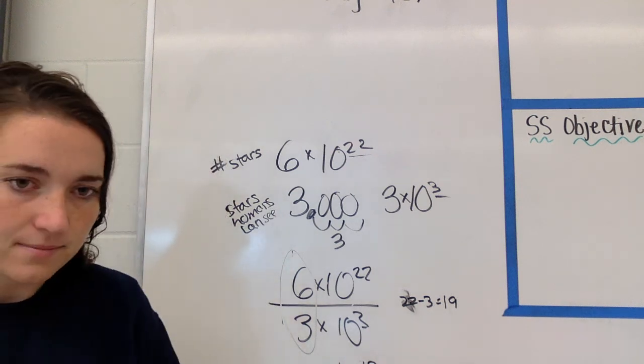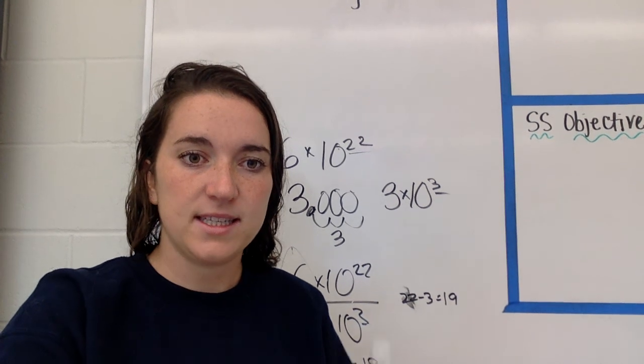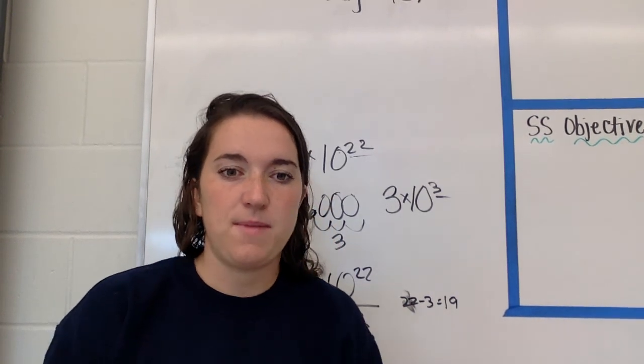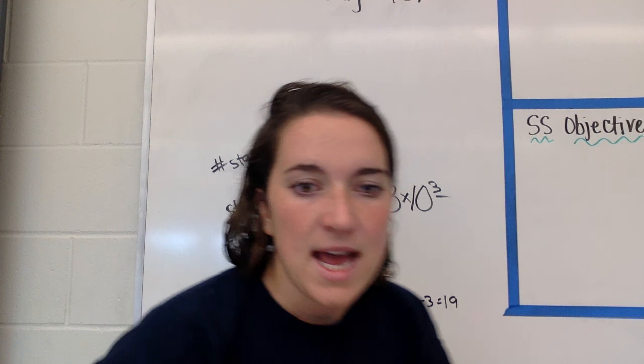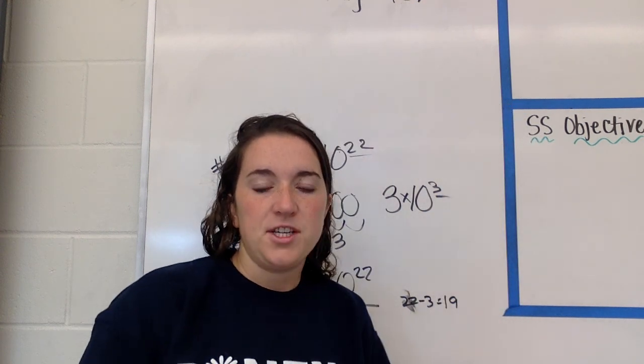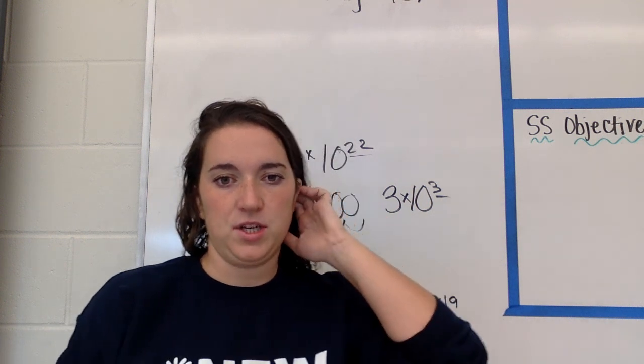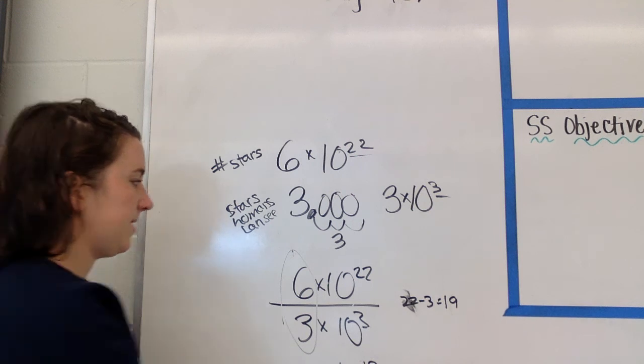All right. I'm also going to do the first problem on the independent practice. It says the estimated world population in 2011 was 7 times 10 to the 9th power. Of the total population, 682 million of those people were left-handed. What percentage of the world population was left-handed according to this estimate?